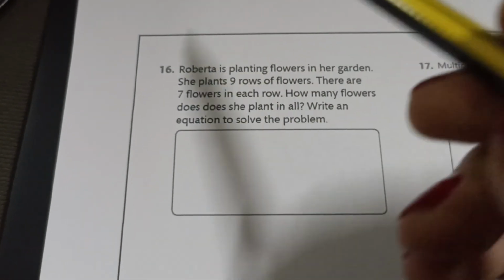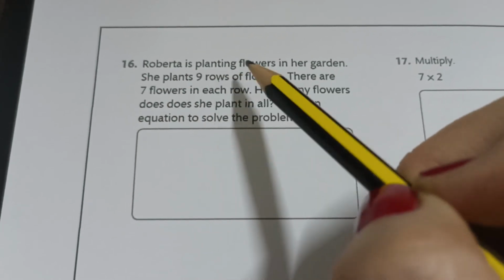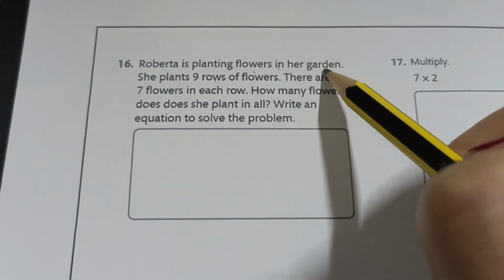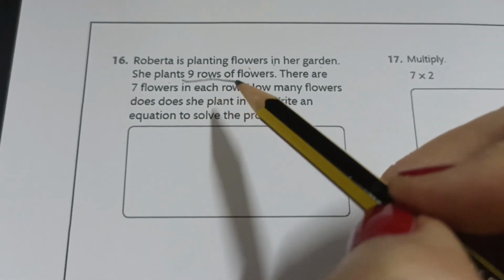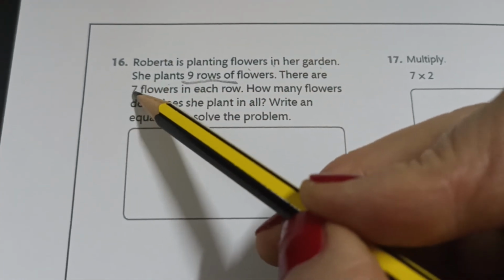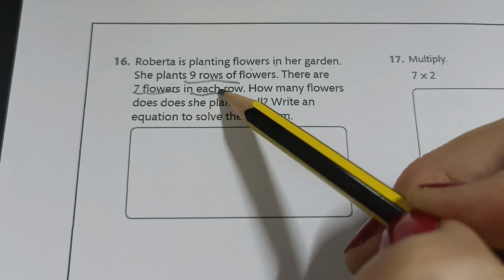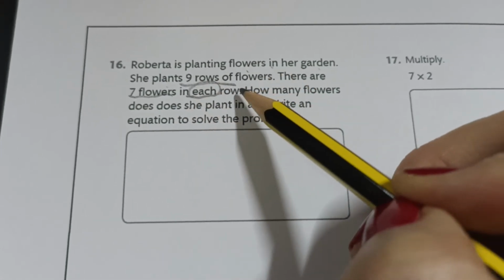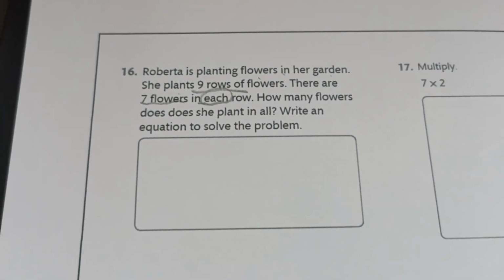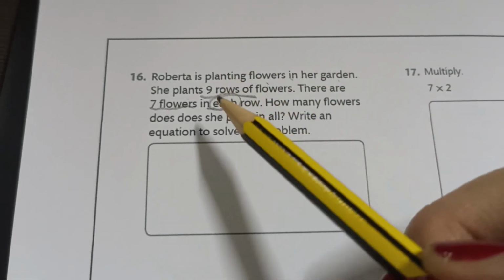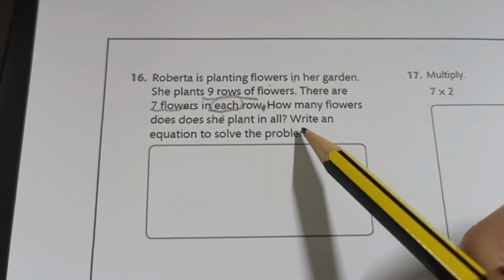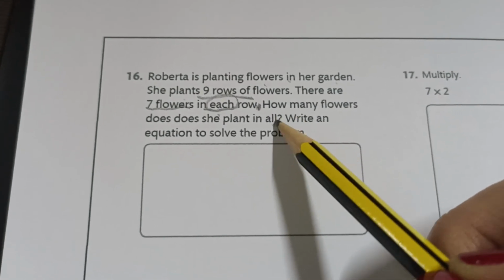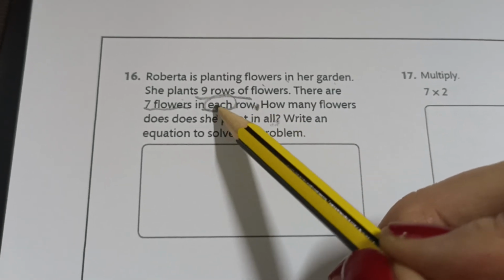Number 16, it's a problem. Roberta is planting flowers in her garden. She plants 9 rows of flowers. There are 7 flowers in each row. Remember, I was teaching you when you see the word each in a sentence, not in the question, in the sentence you see each.